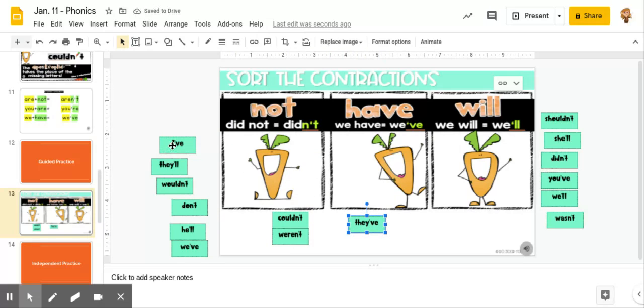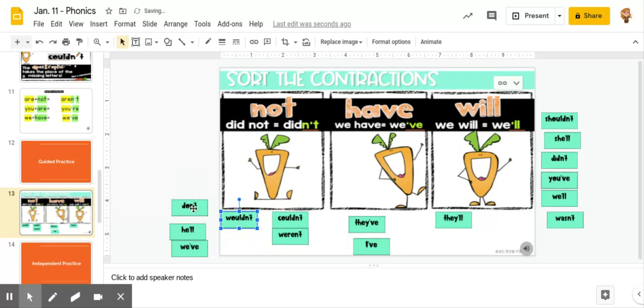I've. They'll. This is different. So this one is in the will group because it ends in the LL. So that way you can see that needs to be sorted with the will. Wouldn't. That would be would not. So that's going to go in the not group. Don't would be a do not word. He'll. He will. He will be going. He'll go.